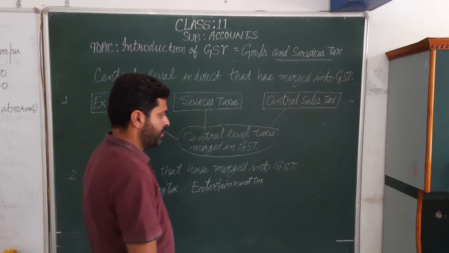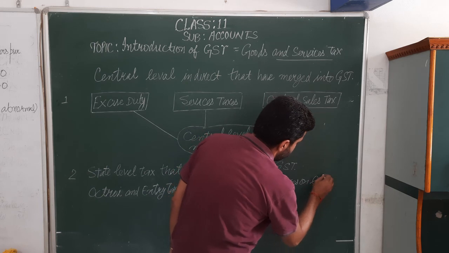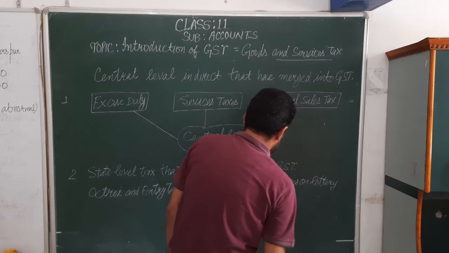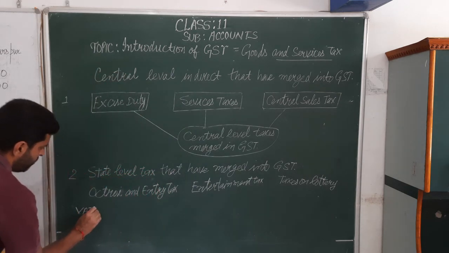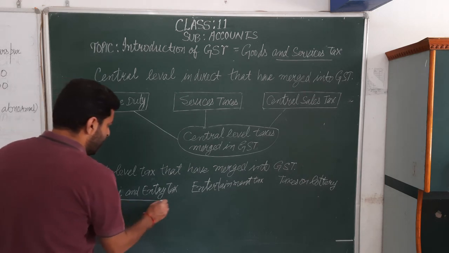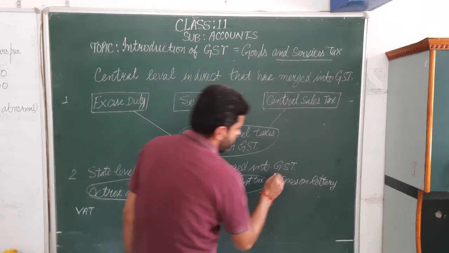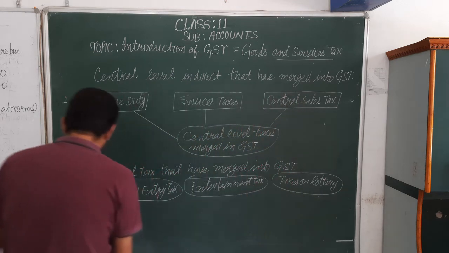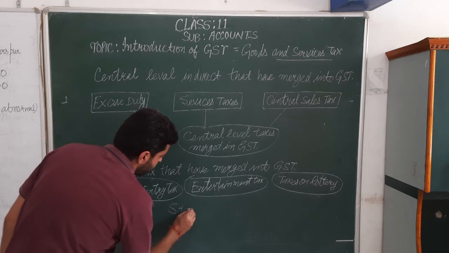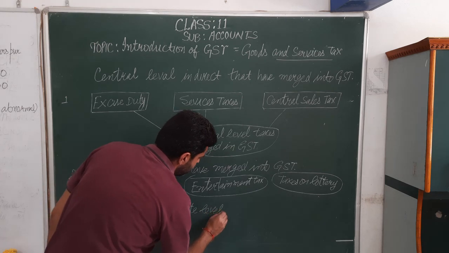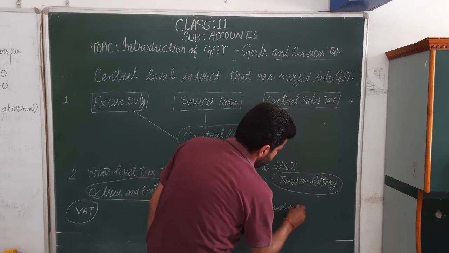And next one, taxes on lotteries. And next one, VAT. These taxes, entertainment, taxes on lottery, and VAT are merged into one state level tax, GST.